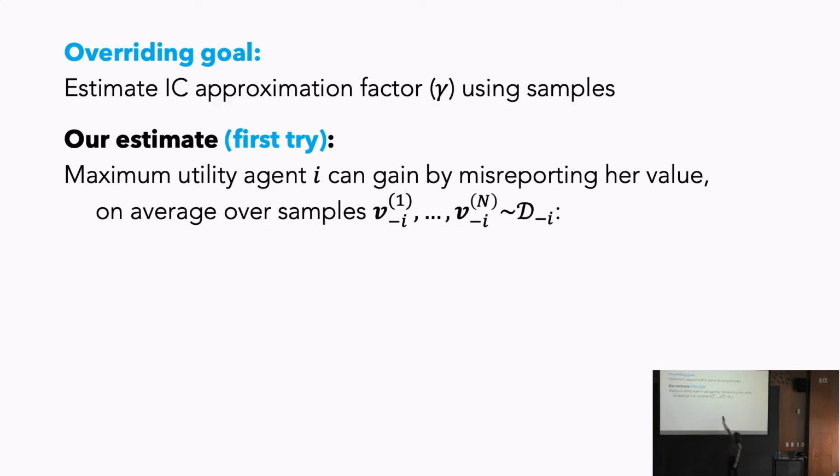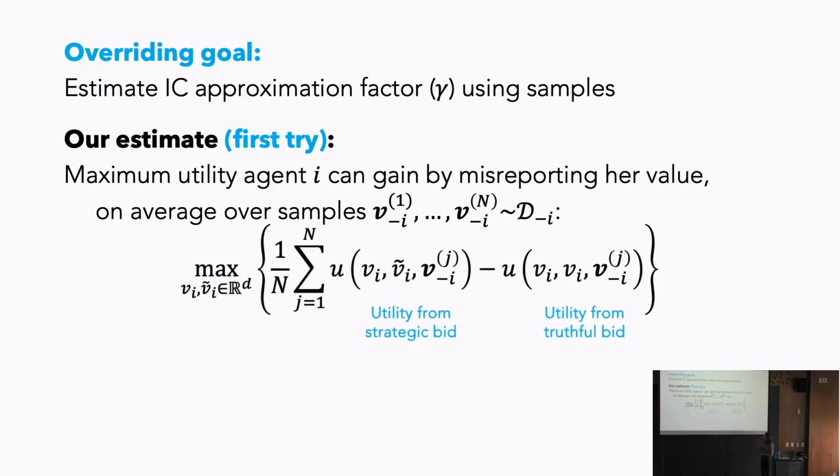So each v minus i is a valuation vector of the other agents' bids, and we have n many of these samples from the distribution over agents' values. Written mathematically, I'm saying take the maximum over all agent i's values and reported values vi tilde of the average over the samples of their utility from a strategic bid minus their utility from the truthful bid.